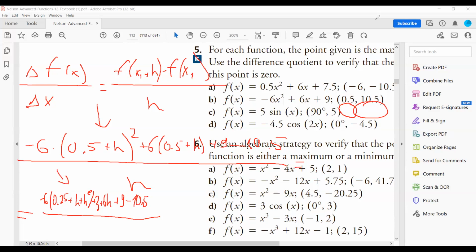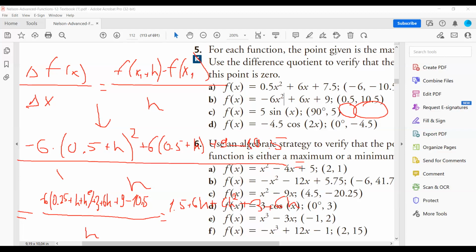Let's open up these brackets. You're gonna have 6 times 0.25, it's gonna be 1.5 plus h plus 6h squared plus 3 plus 6h.